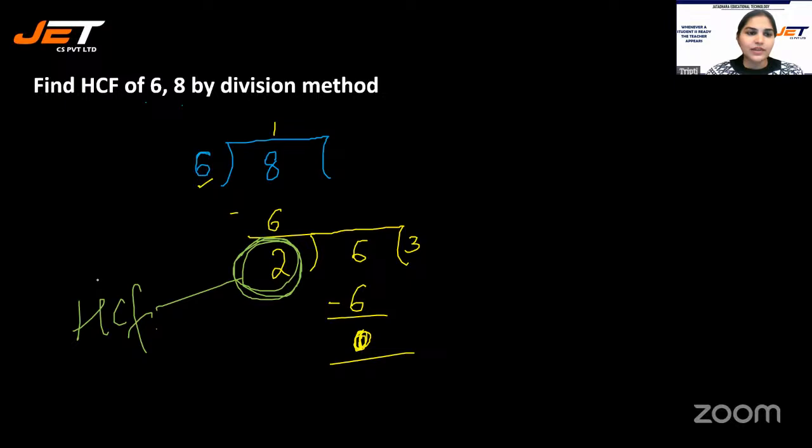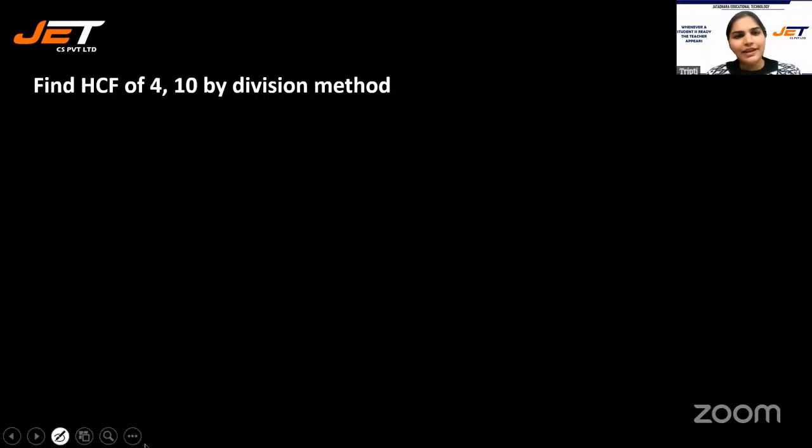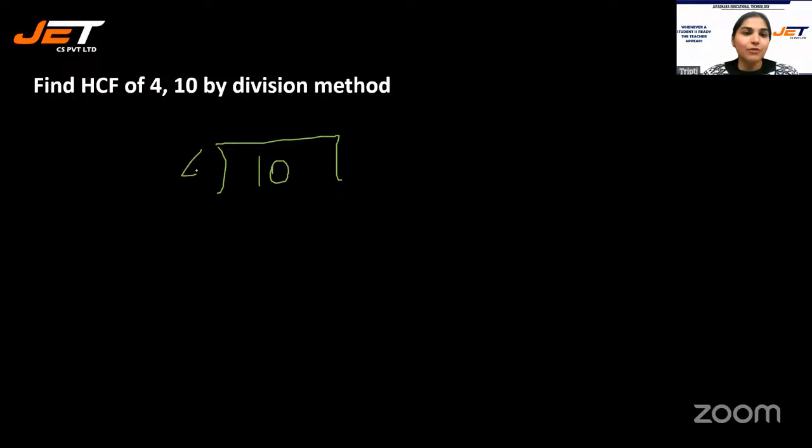Okay. Now let's do a few more. Okay, perfect. Over here, the next one. I repeat, keep the bigger number as the dividend. Like 10 is bigger than 4. So 10 is the dividend, 4 is the divisor. Let's divide it normally. 4 times 2 is 8.